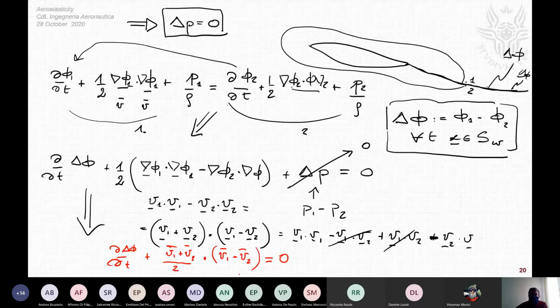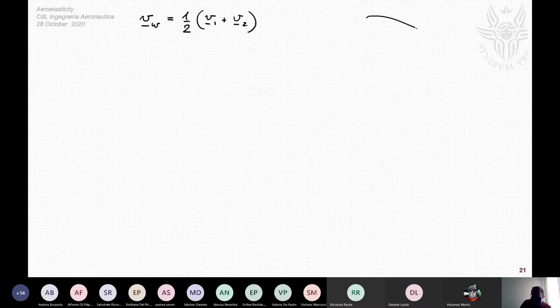And this is very interesting because we may define a special velocity, v wake, and this v wake is the average between the upper velocity and the lower velocity. Remember that we are considering point 1 here and point 2 here.